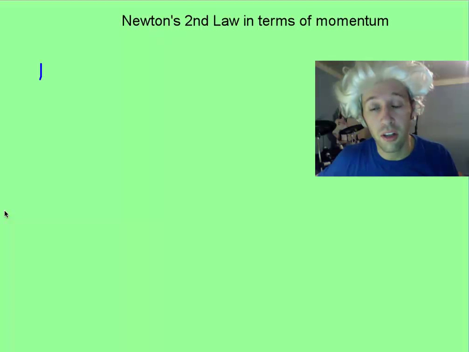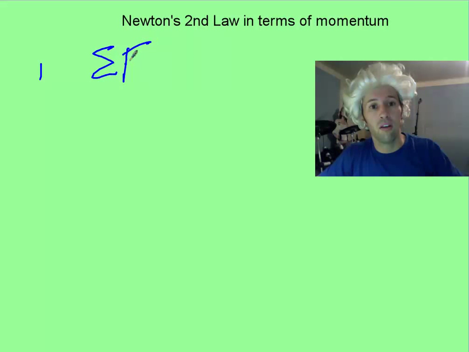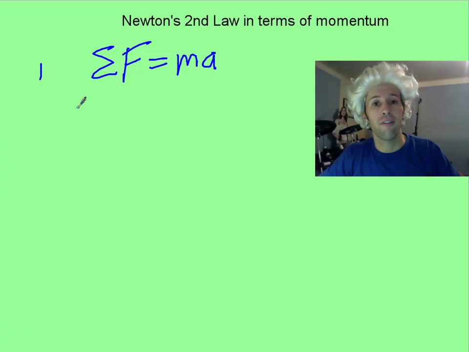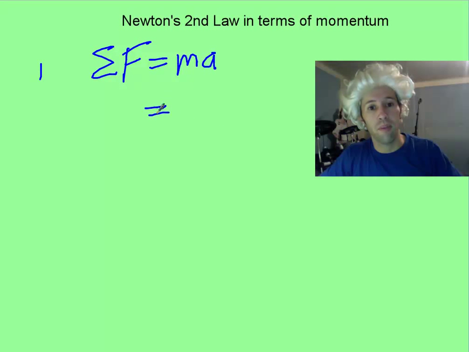Something about Newton's second law that most people don't know is that it can also be expressed in terms of momentum. The IB sometimes asks you to show that you know this. Everyone who is anyone knows this version of the second law, F = ma. But let's show how we can turn this into momentum. We can break acceleration down into delta v over delta t.